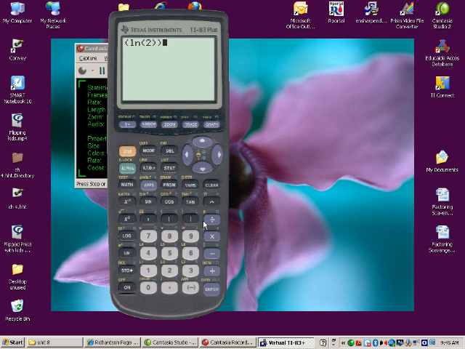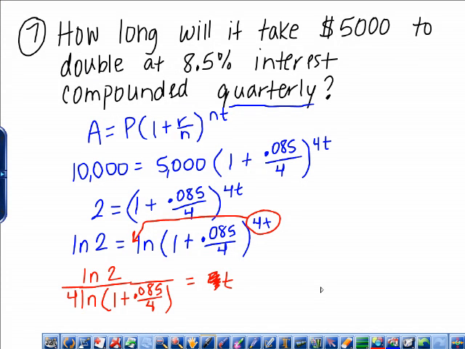Natural log of 2, that's the numerator, divided by the denominator of 4 times natural log of 1 plus 0.085 divided by 4. And there's your answer, 8.241 years. Okay, bring your questions to class.